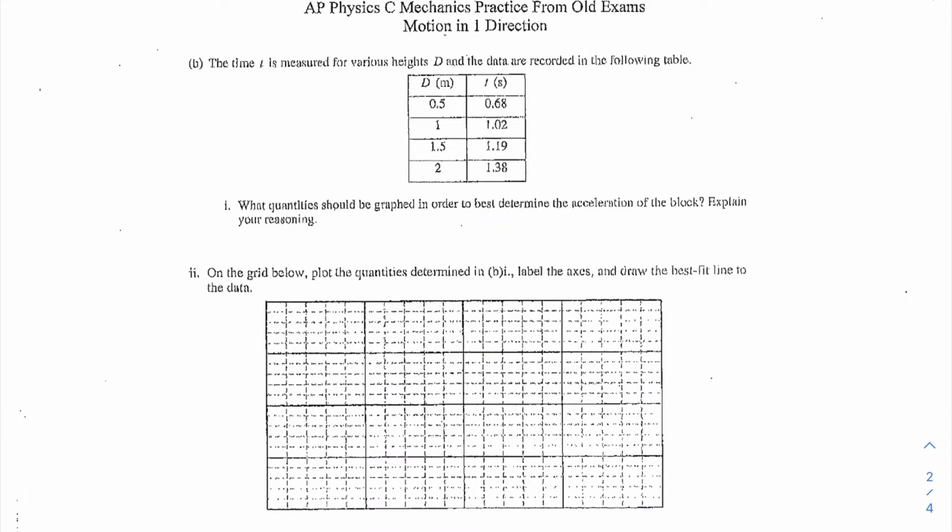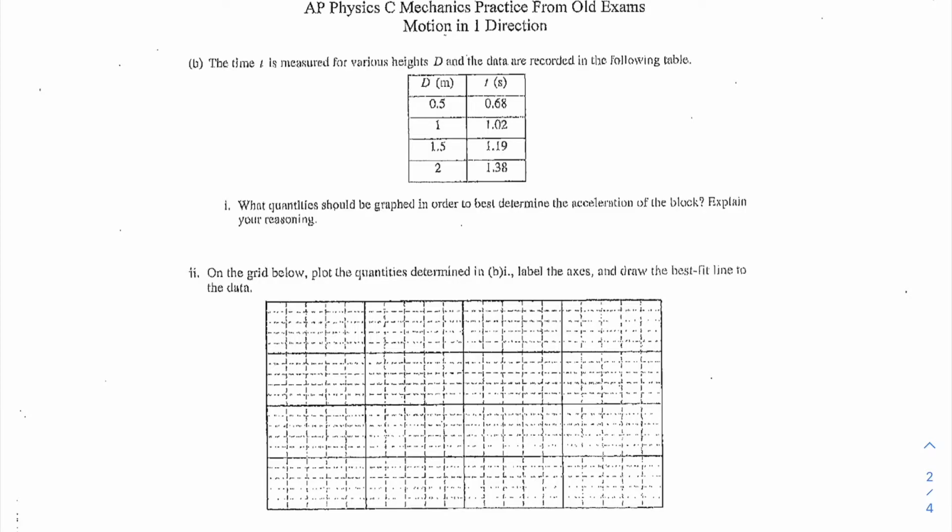For part B, the time is measured for various heights d, and the data are recorded in the following table. What quantity should be graphed in order to best determine the acceleration of the block? Explain your reasoning. So we did this in the lab, and I'm going to go over the process of determining this again.